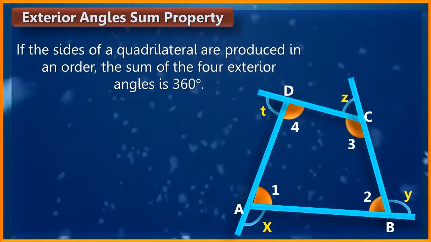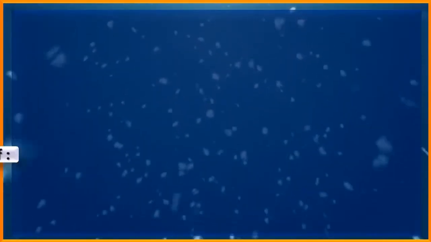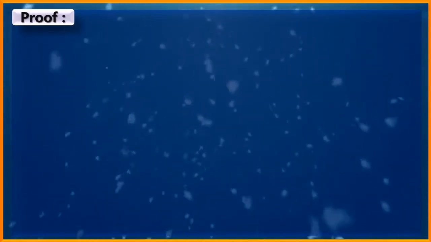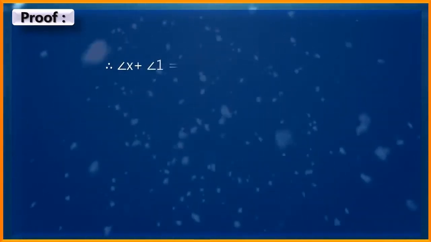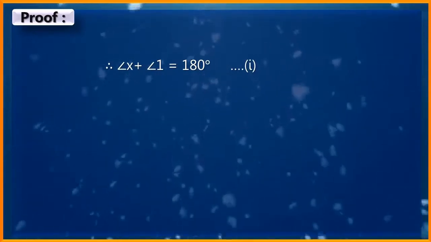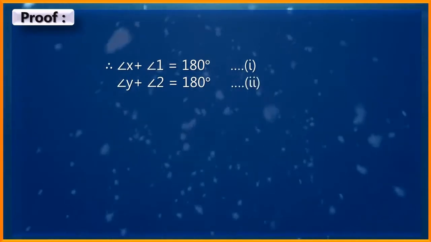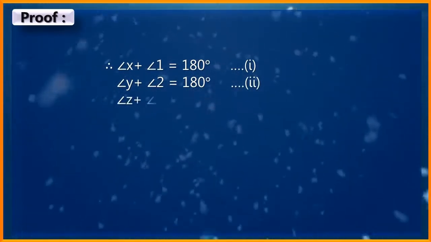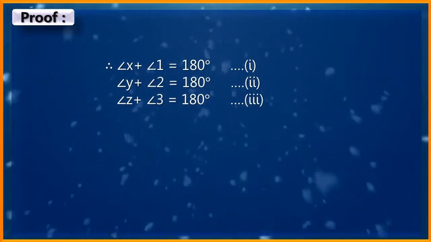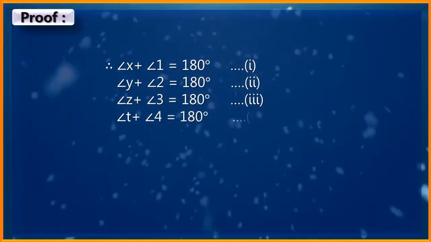As we know, the sum of the angles of a linear pair is 180 degrees. Proof: in quadrilateral ABCD we have angle x plus angle 1 equals 180 degrees, equation 1. Angle y plus angle 2 equals 180 degrees, equation 2. Angle z plus angle 3 equals 180 degrees, equation 3. And angle t plus angle 4 equals 180 degrees, equation 4.